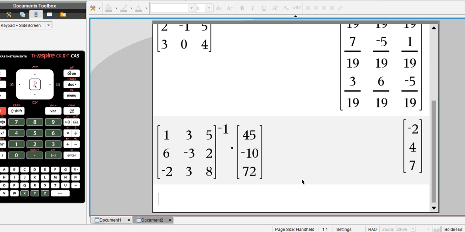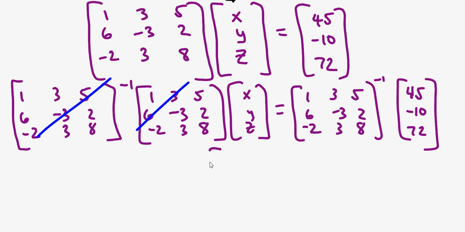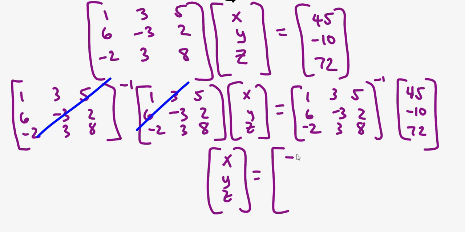And the calculator does all the work for us! Negative 2, 4, 7. x, y, z is negative 2, 4, 7.